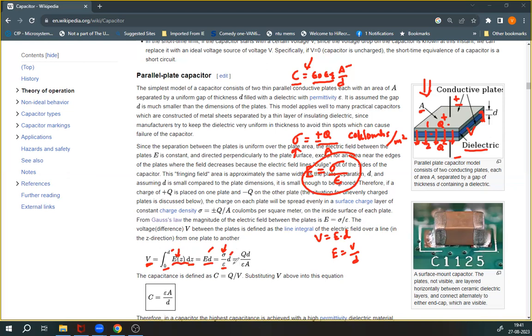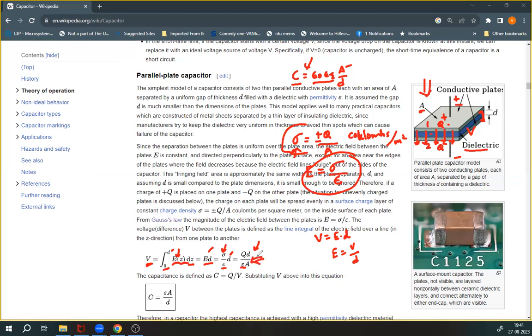We already know the value of surface charge density, which is plus minus Q over A. So we plug in that value, charge over A, divided by epsilon and multiplied by D, and you have this equation.